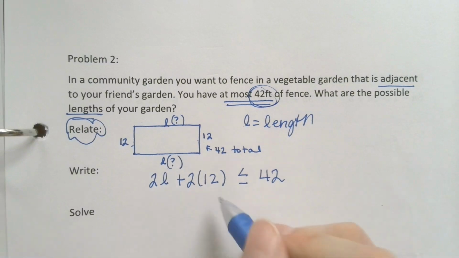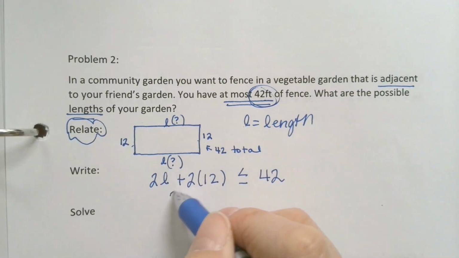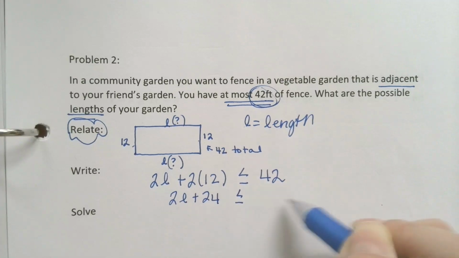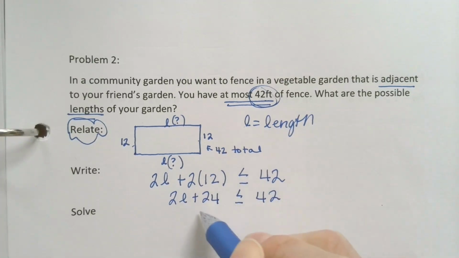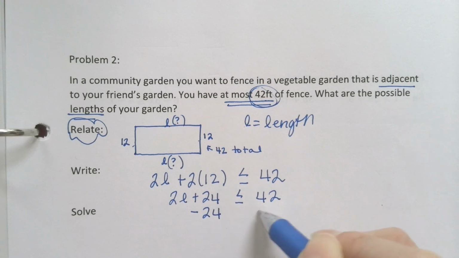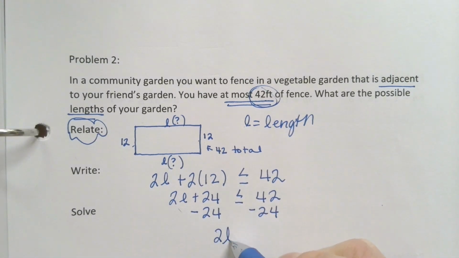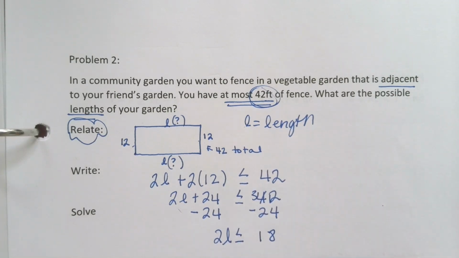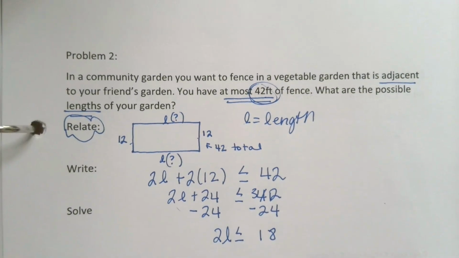All right, I'm going to start simplifying and solving. So I'll have 2L plus 24 is less than or equal to 42. I'm going to subtract 24. 2L drops down. And I have 2L is less than or equal to 18.